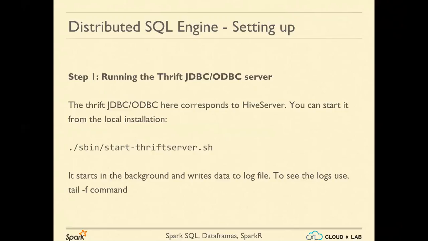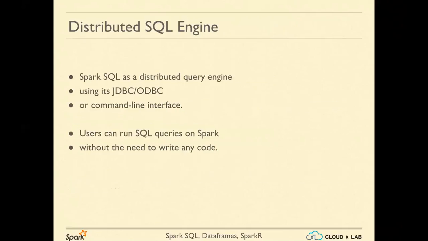So if you are in an organization where you want to do big data analysis on the fly from the BI tool, then you can use this distributed SQL engine. Your UI or your BI tool will hit the distributed SQL, and then distributed SQL will do the rest of the work.